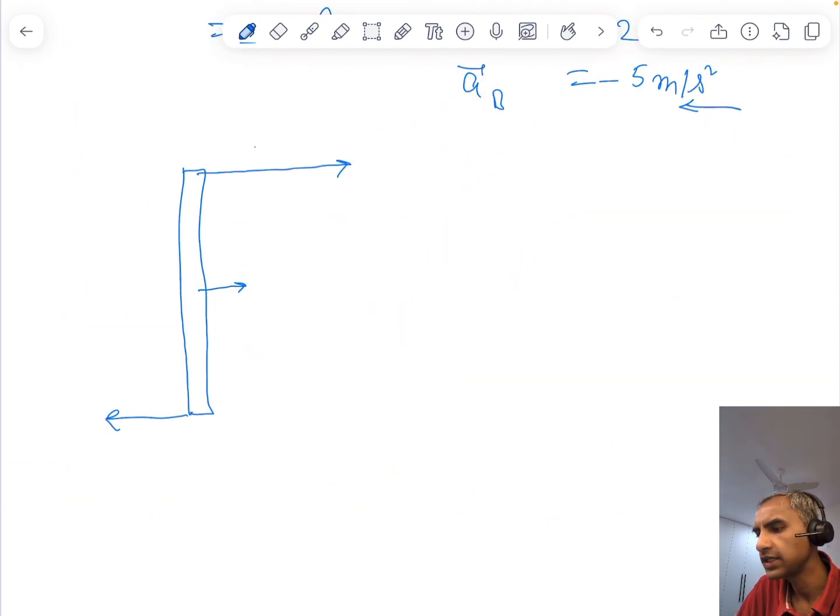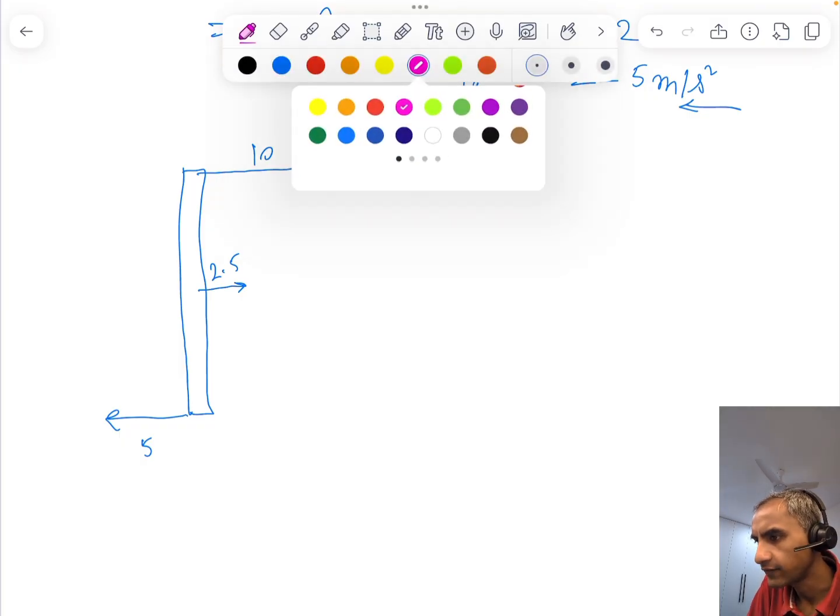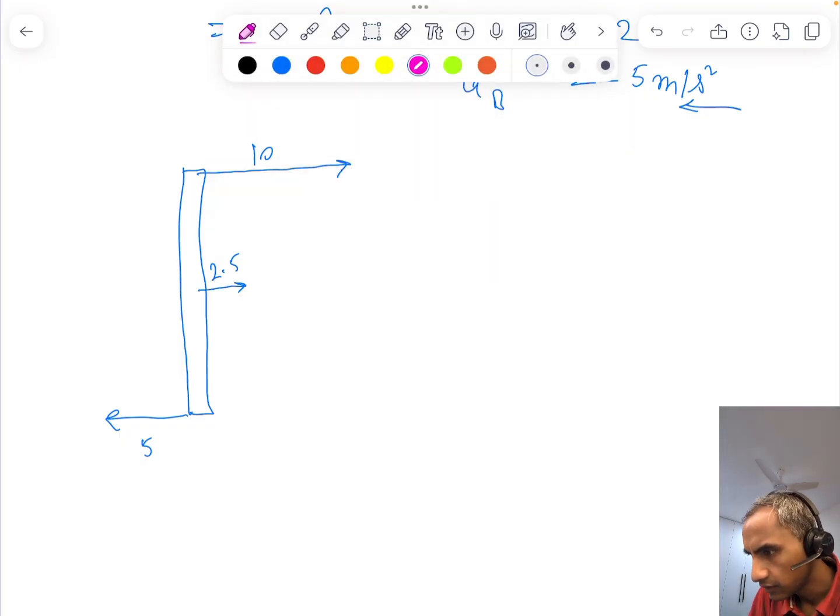So if we join these points together, this is 10, this is 2.5, and this is 5. Now if we join these points together, we have something very, very interesting. The first thing to observe over here is that when we join these points together, we get a straight line.